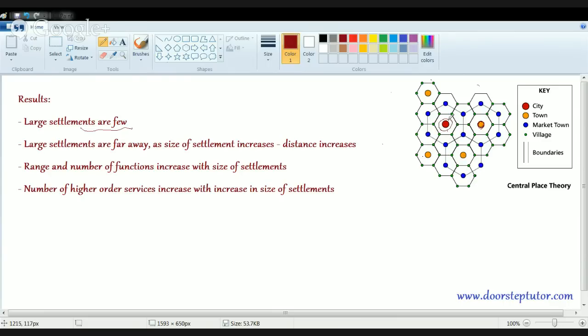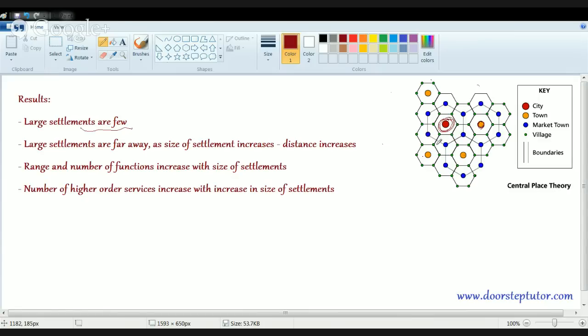For example, this city region would be serving as a multi-specialty hospital, R&D lab, you can have airport, computing services and lot more. But a village out here would be only serving the local needs of the people, that is the basic fruit shop, grocery shop, and kind of milk products and the daily needs of the persons. So the range in number of functions increases as the settlement increases in size.